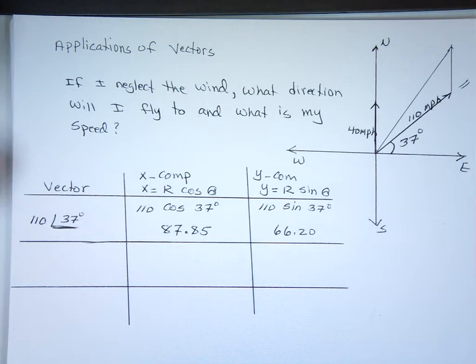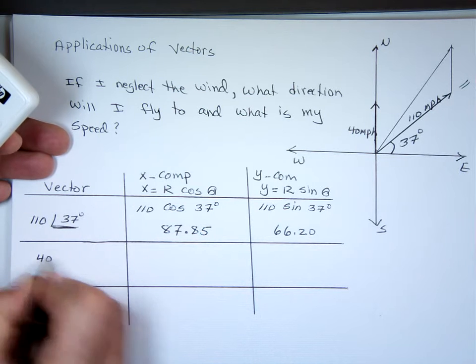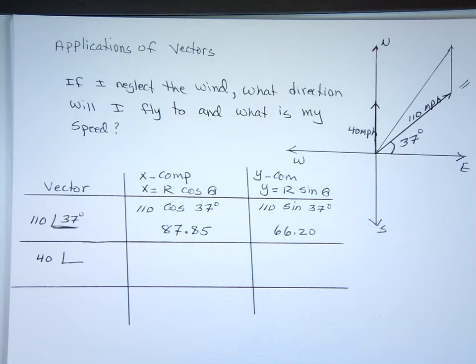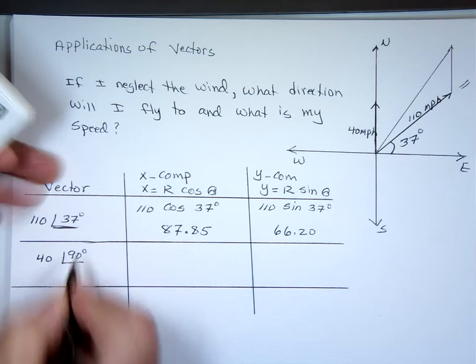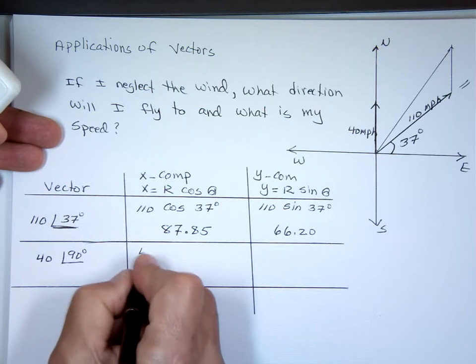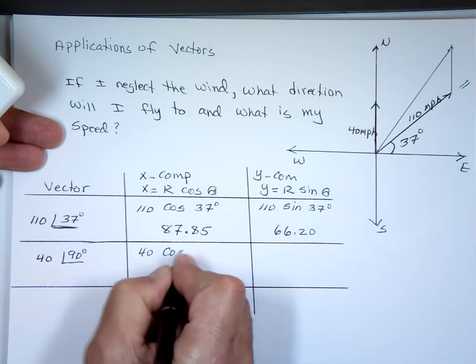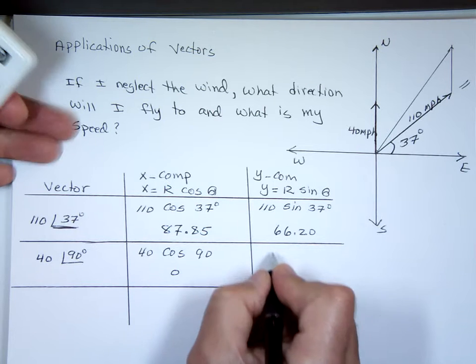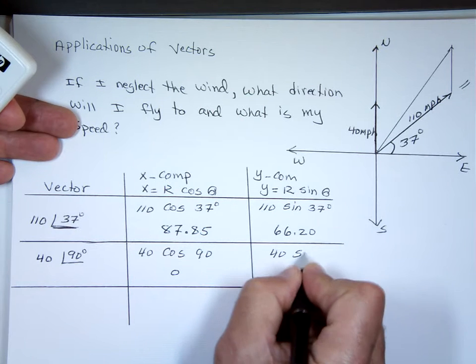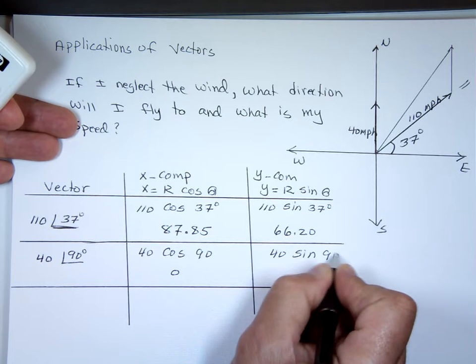The wind is at 40 miles per hour in what direction? 90 degrees. So 40 cosine 90 degrees, which is 0, and 40 sine 90 degrees, which is 40.